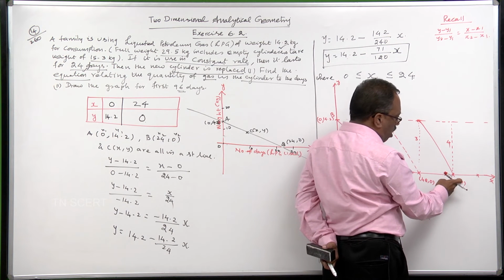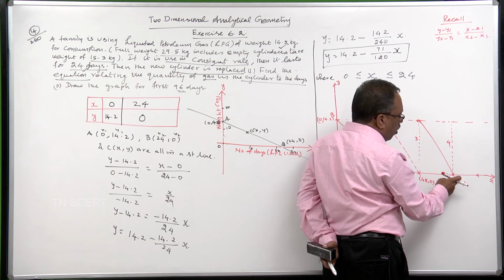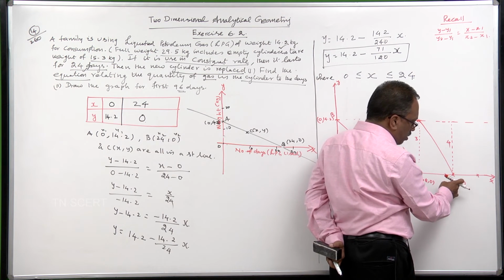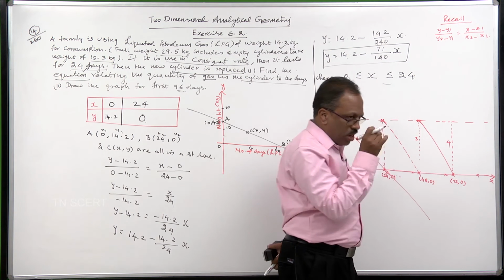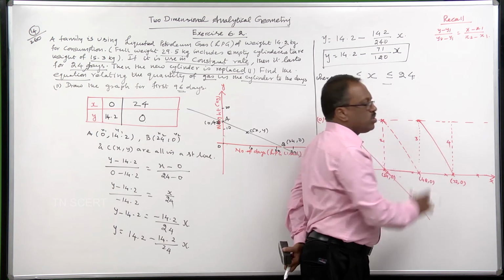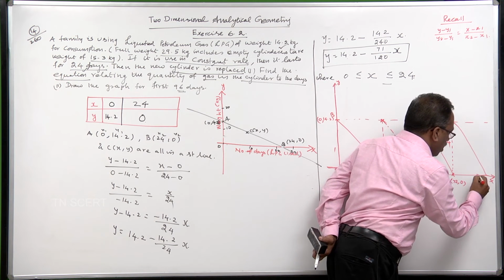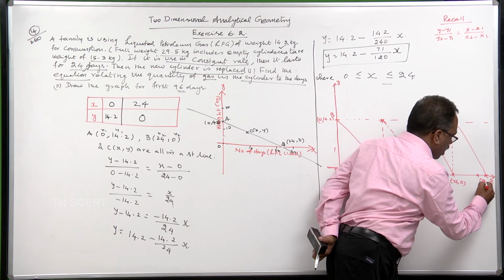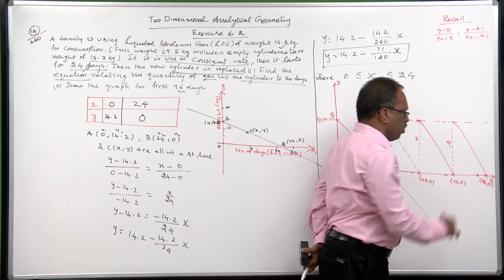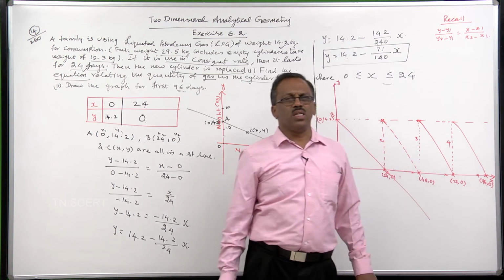Again on the 72nd day we have opened the fourth cylinder, and it will be over on 96. Once I add up with 24 days it will become 96.